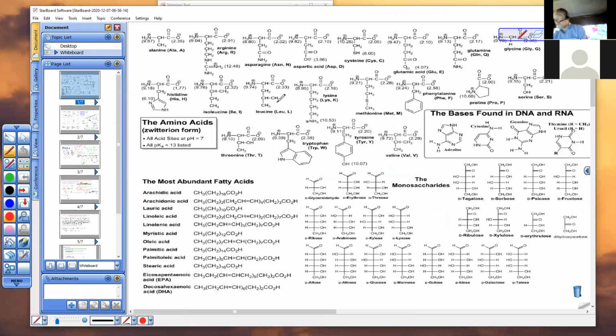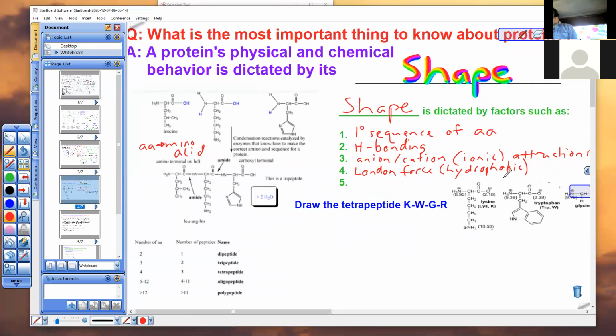What happens with those is the protein folds itself so those stay away from the water, which is generally outside the protein, and they curl around to the inside so they can be around each other because they're not attracted to the water, they're attracted to each other. So we call that hydrophobic interactions. London forces.